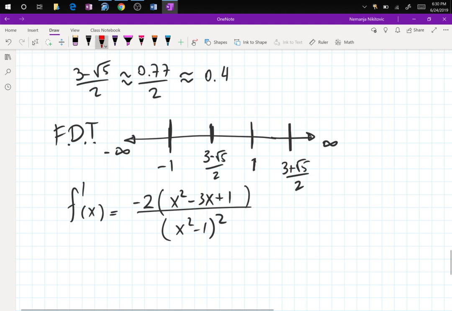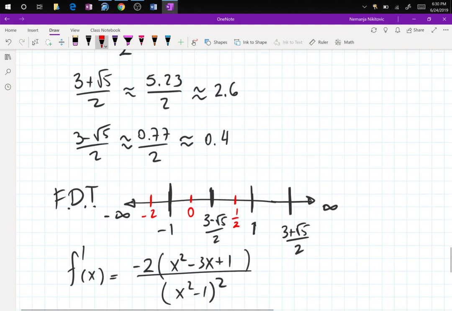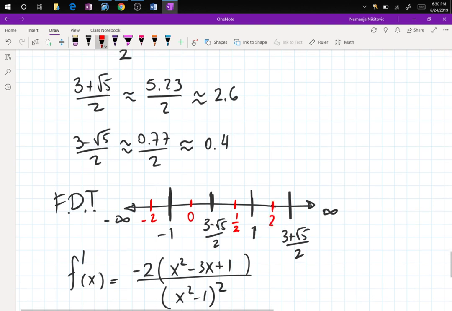Negative 2, 0, those are the easy ones, 1/2, and then 2, and then 3.